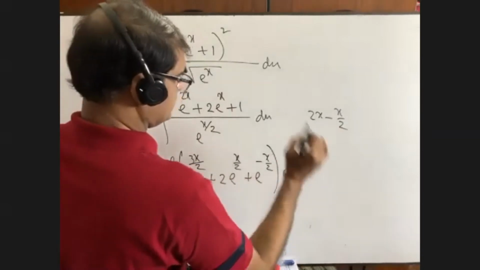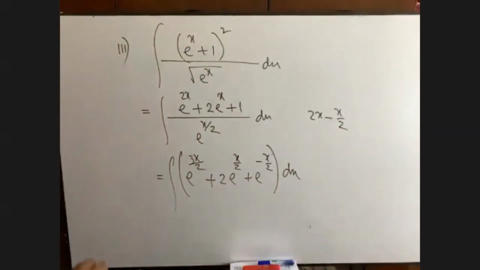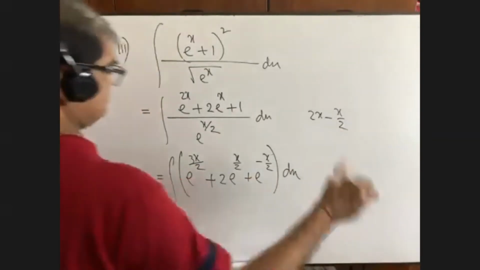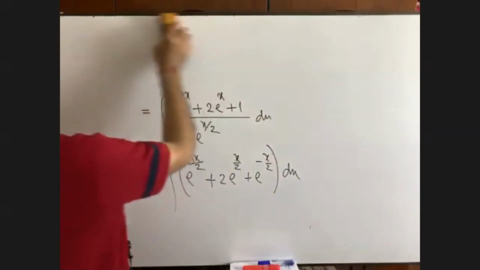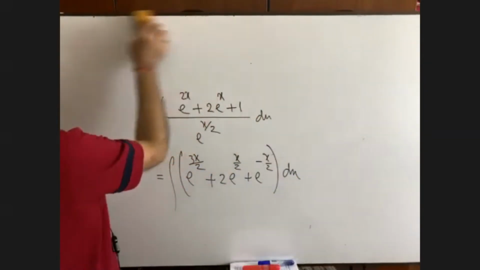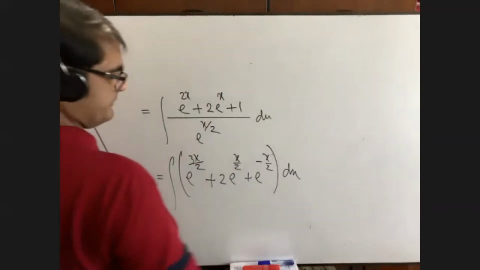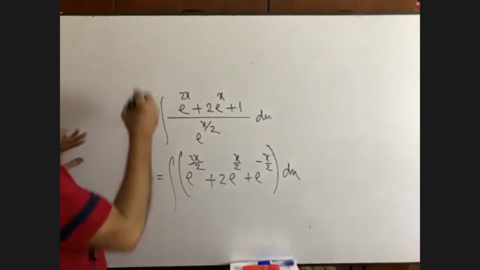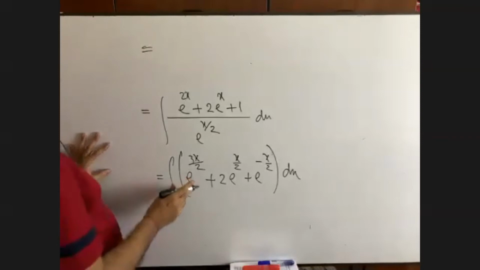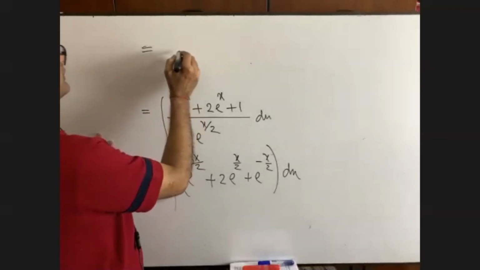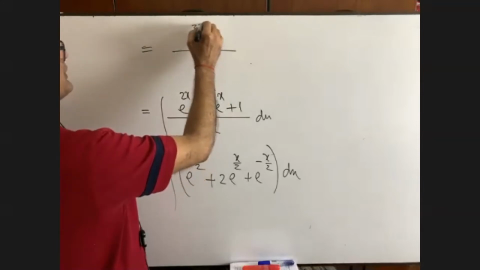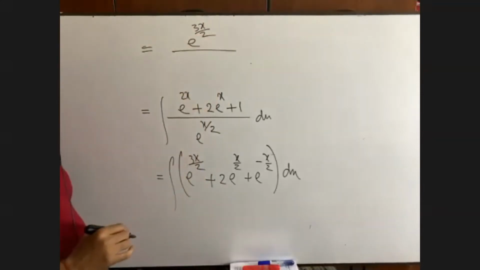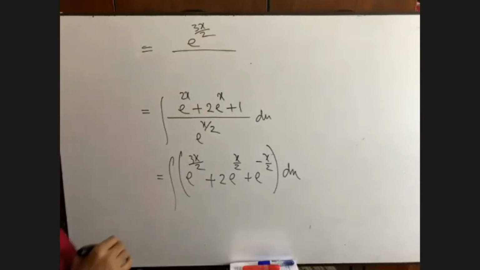What I have done here? I have done the partial fraction. That means you see, here e to the power x means what? e to the power x means e to the power x. What is the coefficient of x?